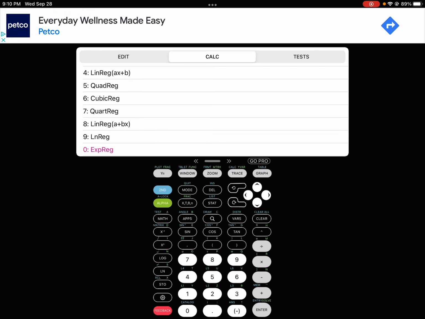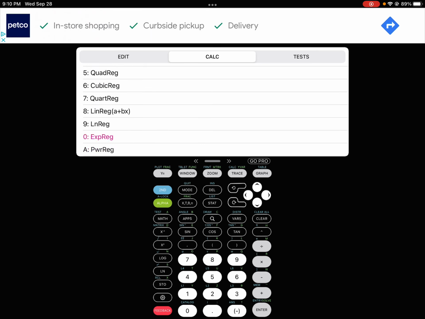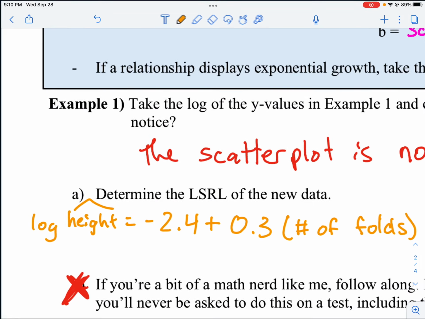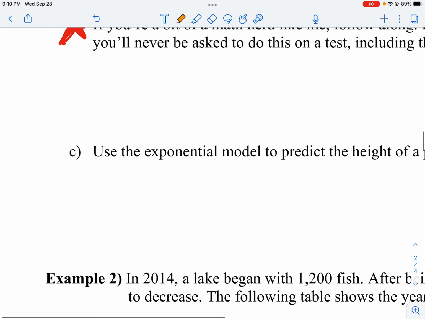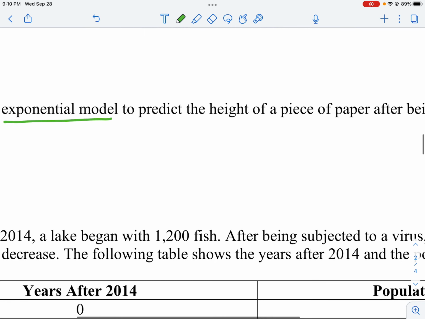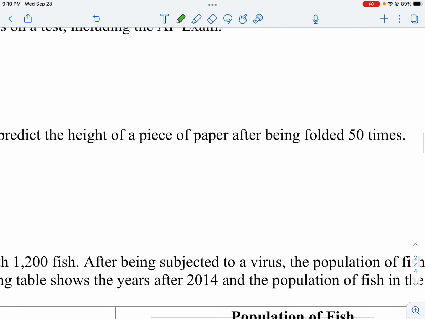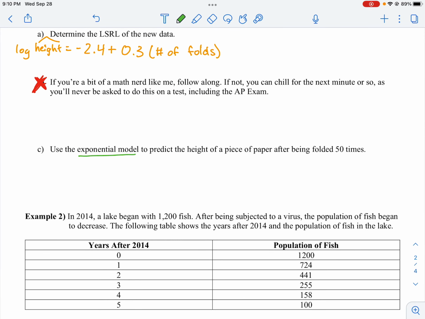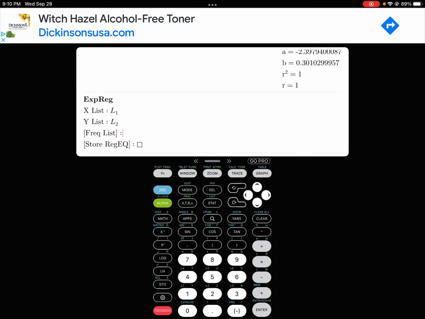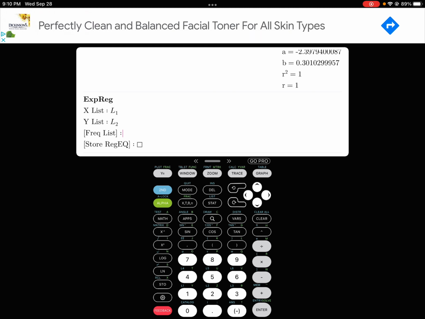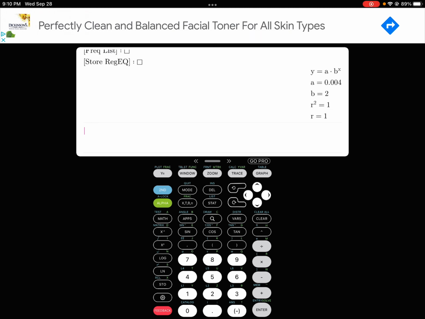But if I keep going down, you see that option 0 is EXP, exponential regression. And this problem asks us here, use the exponential model to predict the height of a piece of paper after 50 folds. So what I'm going to do is this. I'm going to choose the exponential model for list 1 and list 2.